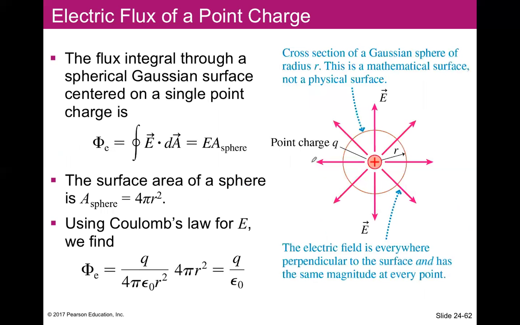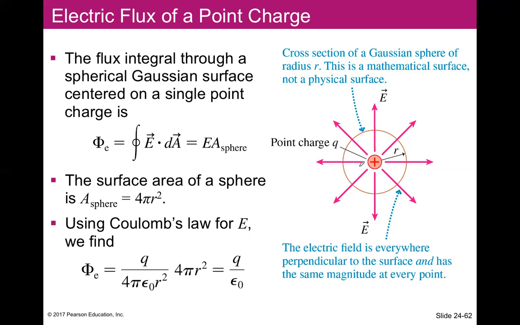So now let's calculate the electric flux of a point charge. If you have a point charge in this way, and we draw a closed surface surrounding the charge, in order to make our calculations very easy, we try to make this closed surface have the same symmetry as your point charge, which is spherical symmetry.